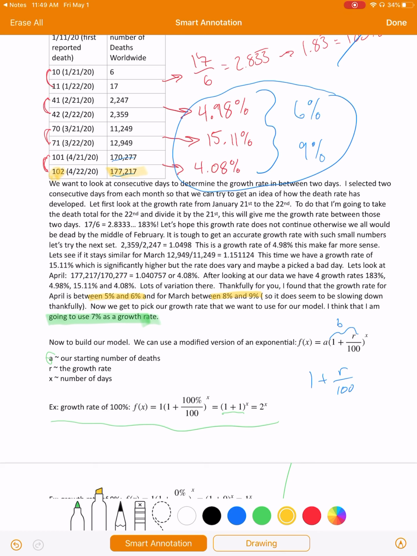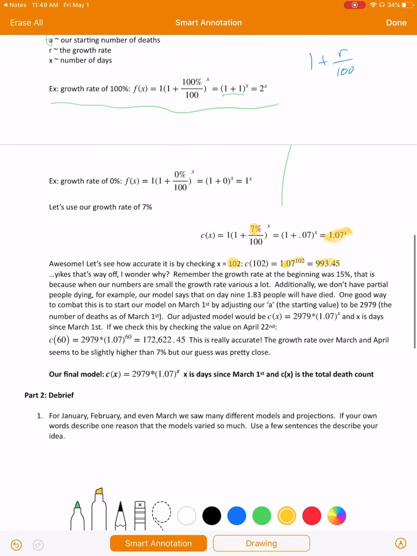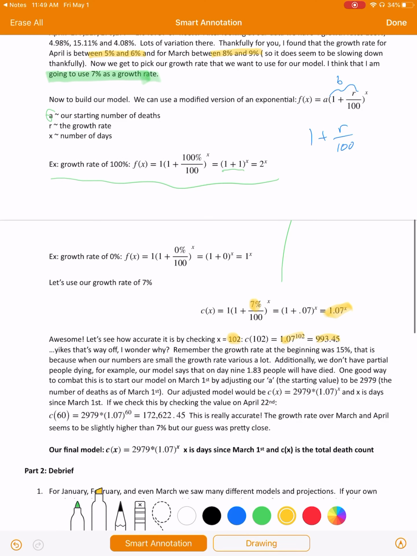So instead of starting our model on January 11th, I'm going to come a month and a half later to March 1st. And on March 1st, there were 2,900 deaths. And so instead, our starting value, which was previously 1, we were starting on January 11th when there was 1 death. Now we want to start on March 1st.